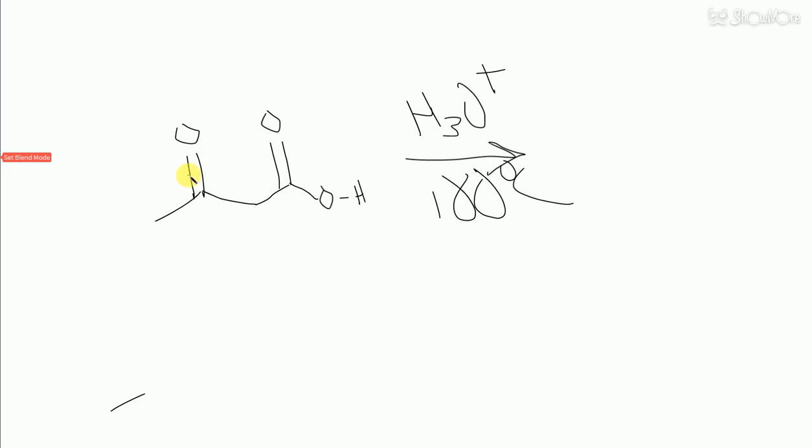To summarize the mechanism, you draw it in one step, it's just a transition state. We show this bond coming out and grabbing this hydrogen. Then we show this bond going in and forming a bond right here. And then we show this bond right here going in right here.